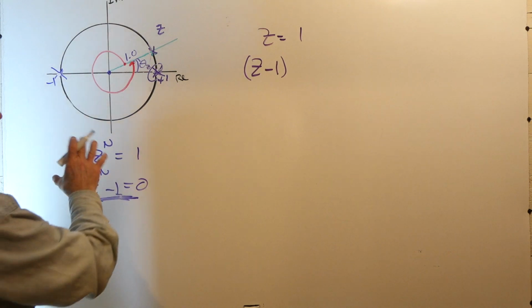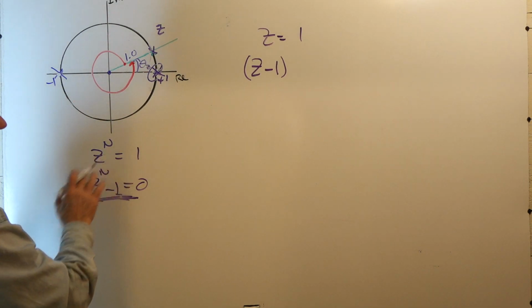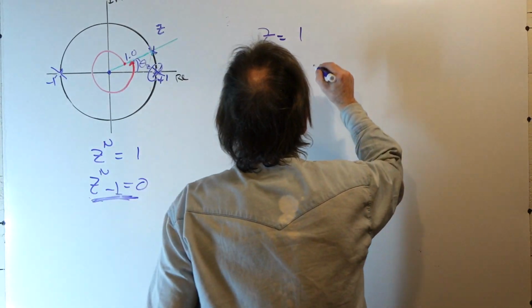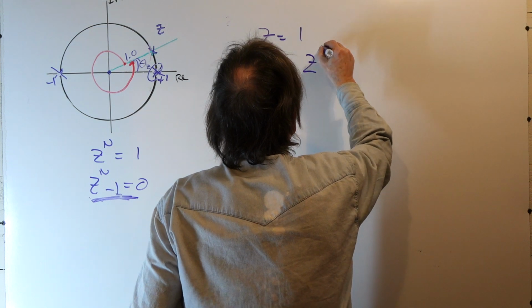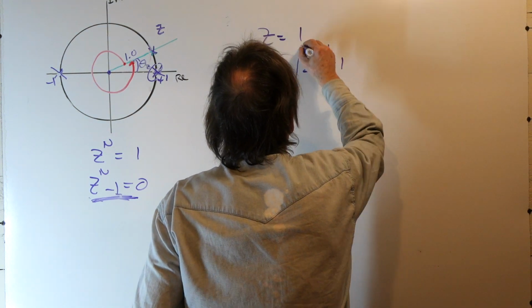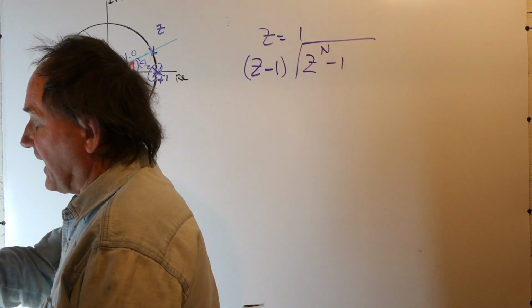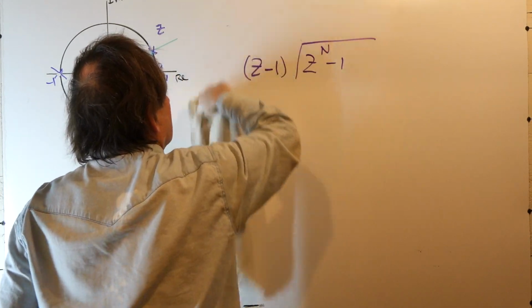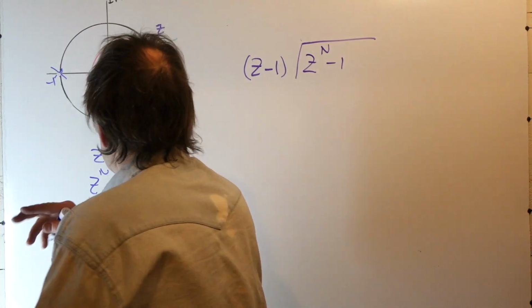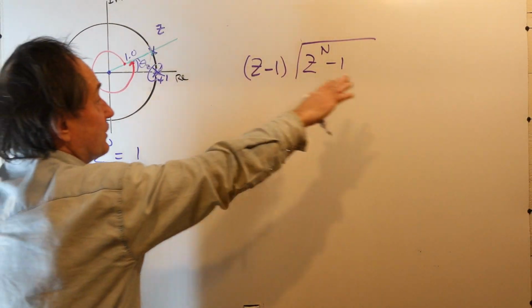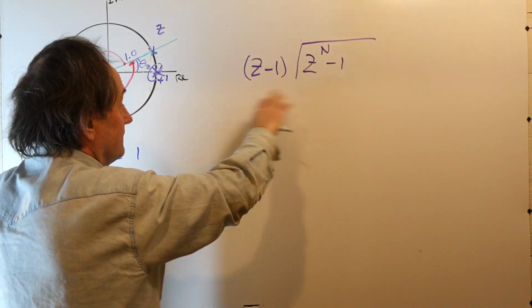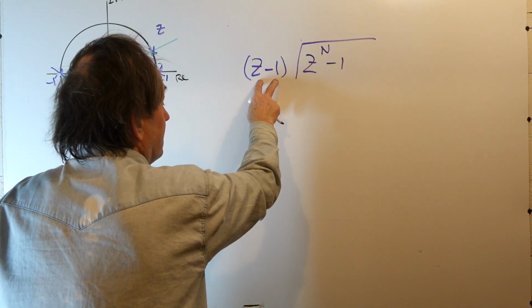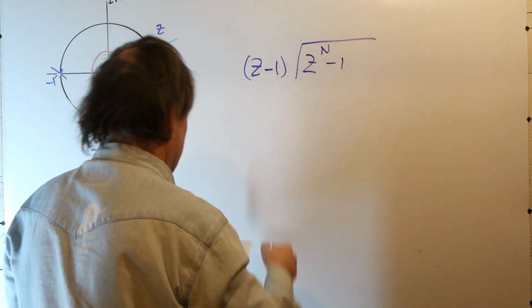It must divide into this equation, z to the n minus 1, without a remainder. If we divide that factor into this equation, it must do so without remainder, because we know that this is a factor.